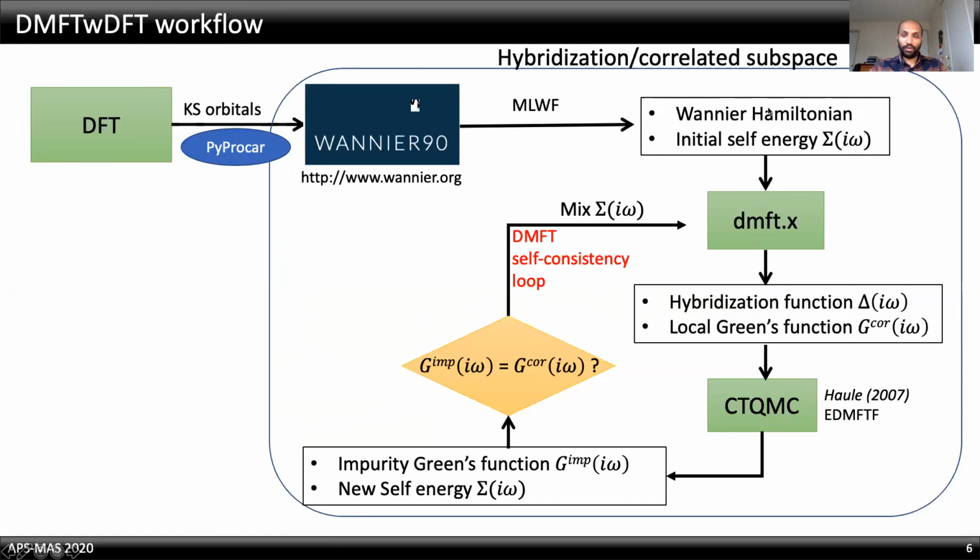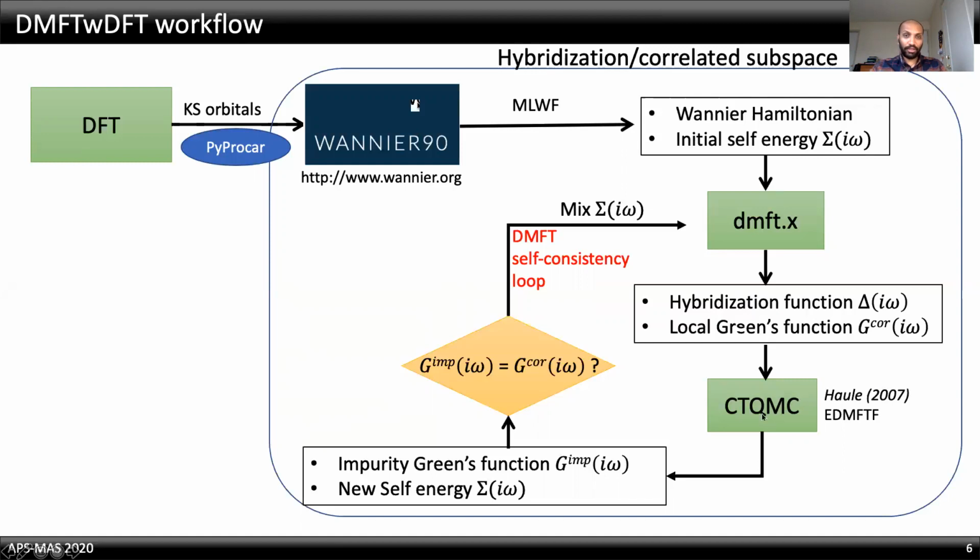And then once we have the Wannier Hamiltonians, we use a guess for the self-energy, which we feed into the DMFT segment. And that provides us with the hybridization function and the local Green's function, which are used as inputs for the CT-QMC code, which performs the impurity solver. And what we use here in our code is the impurity solver written by Dr. Haule at Rutgers.